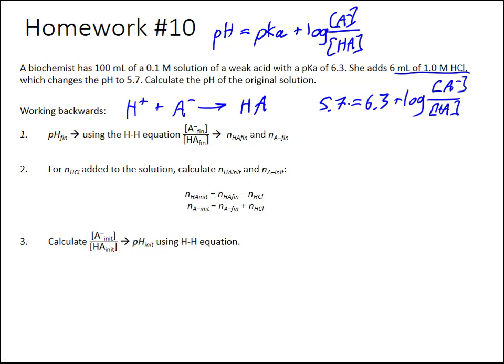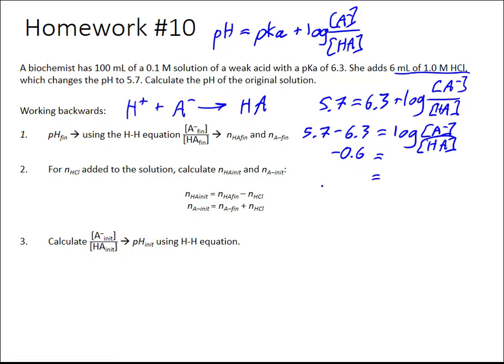So to solve for that, I'm just going to have 5.7 minus 6.3 equals log of A minus over HA. This is minus 0.6 equal to that.